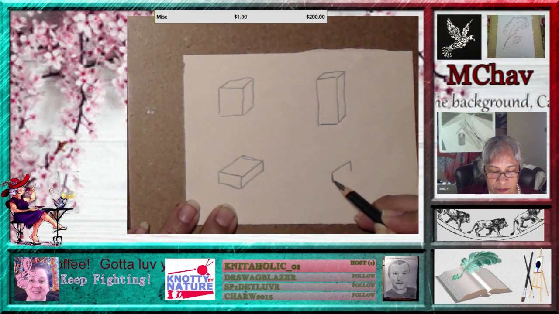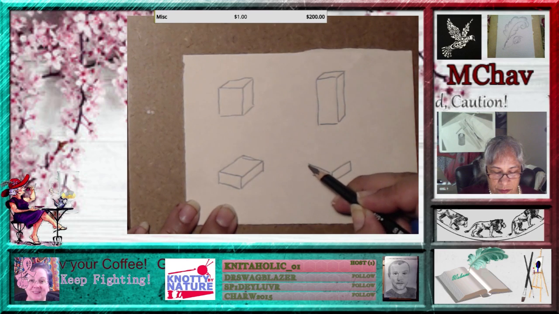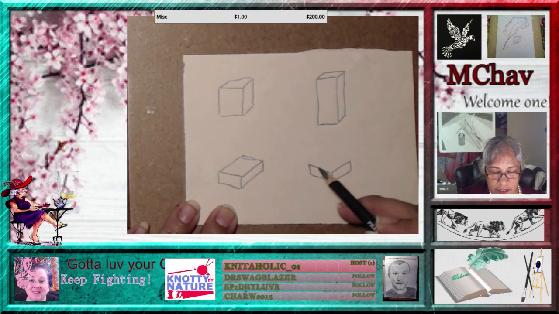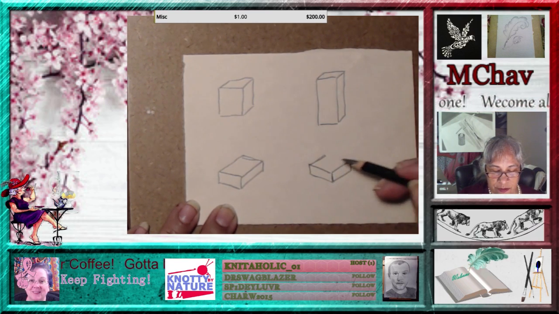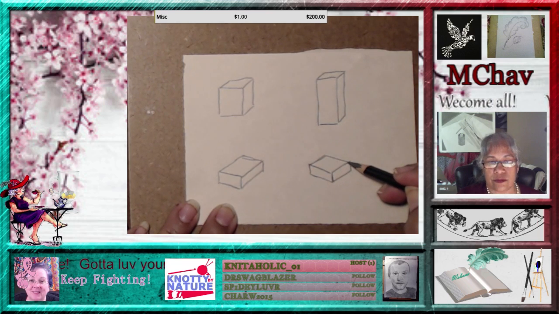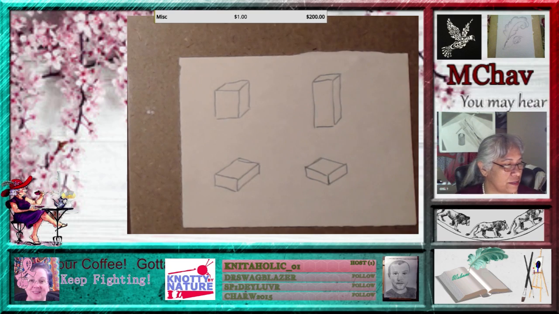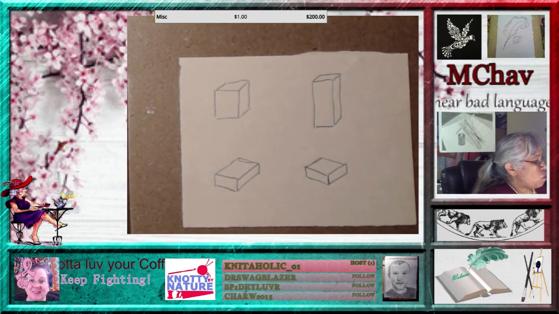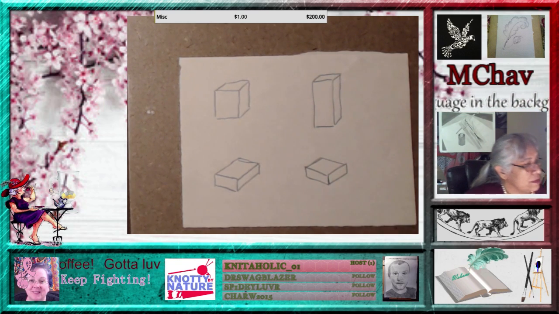Straight down, connect, go up this way, straight down, connect. Then this line and this line needs to be the same. Oh, that went up a little bit. And it just takes more practice and practice and practice of that.